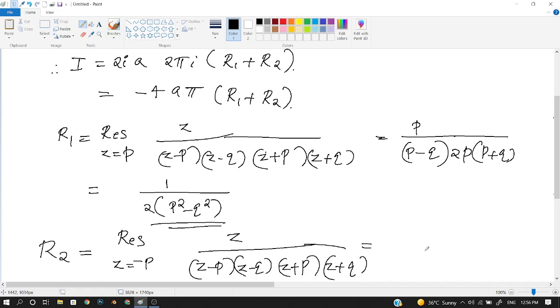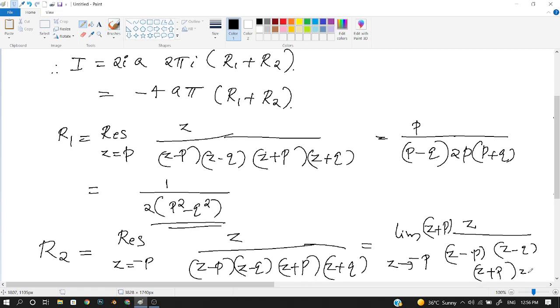So that is equal to limit z tends to minus p of z divided by z minus p into z minus q into z plus q, because here we have residue at minus p, so z plus p into our function gives this.